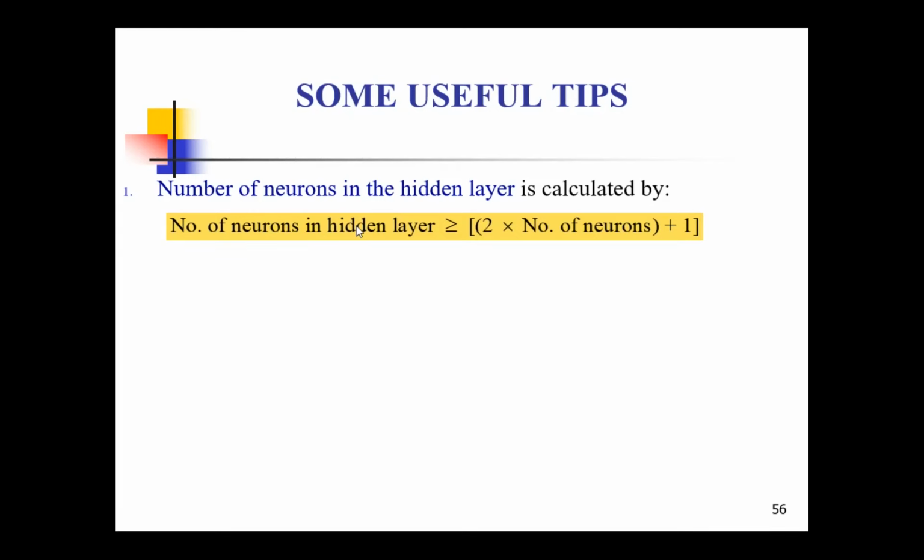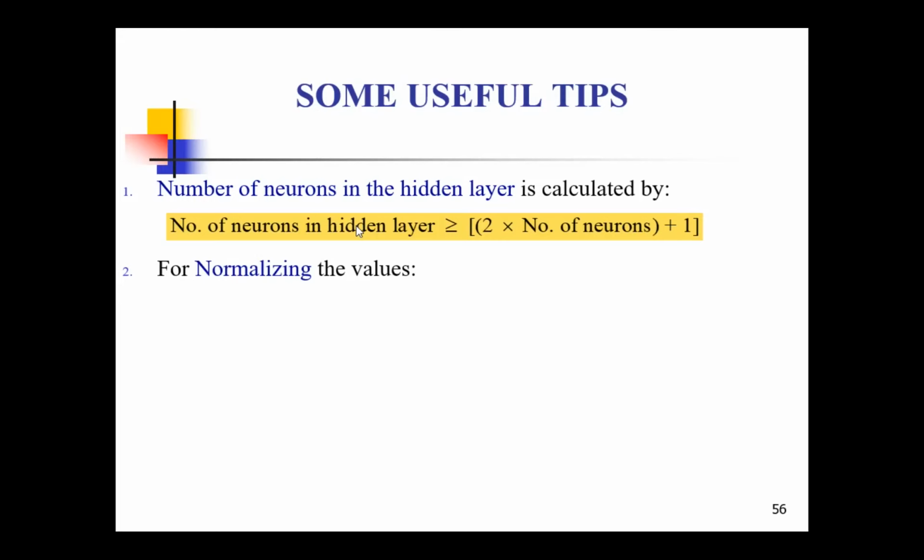If I consider 6, then a perfect model cannot be developed. Similarly, if I go with 4 input neurons, 2 into 4, 8 plus 1, 9. So I should select a minimum of 9 neurons, then 10, 11, 12 likewise.